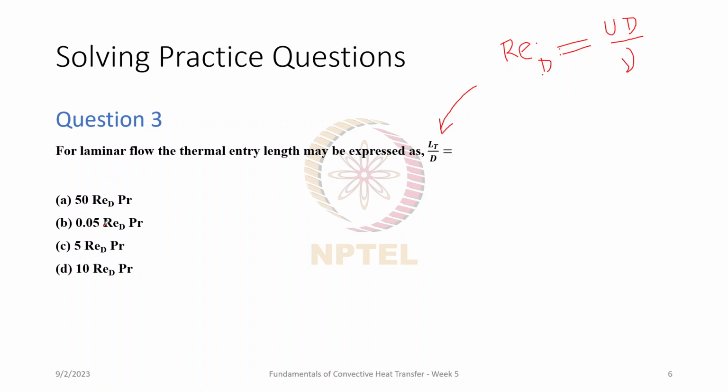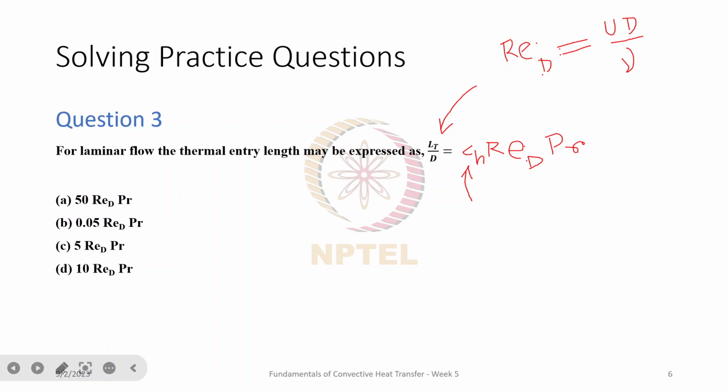So we know that this form is equal to some C into Reynolds number into Prandtl number. CH is the coefficient of hydrodynamic entry length. Okay, so no, not here.